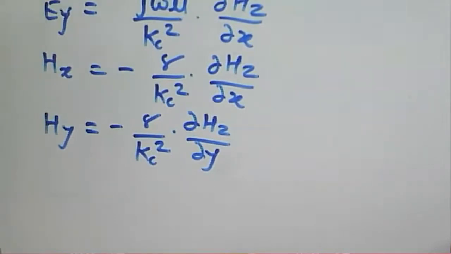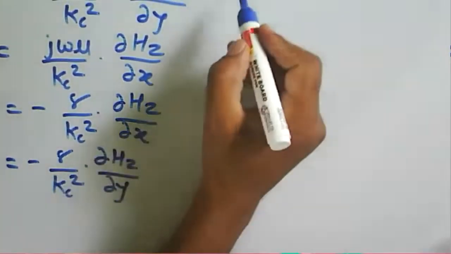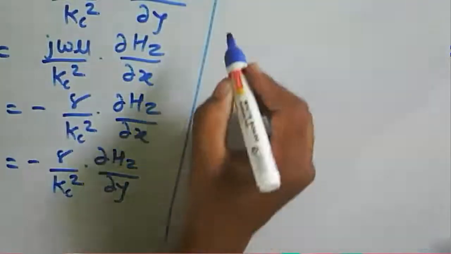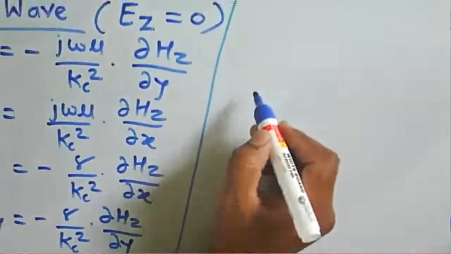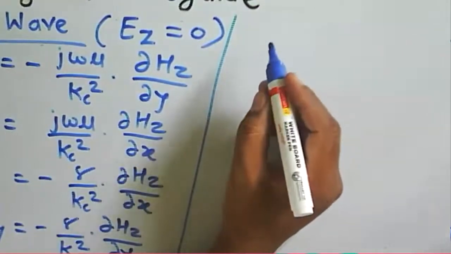So how do we obtain the equation of Hz? It is about the longitudinal magnetic field, as we know earlier that Ez is equal to 0.